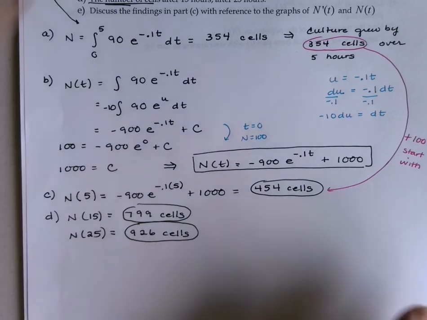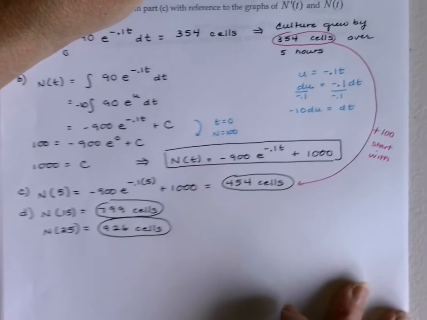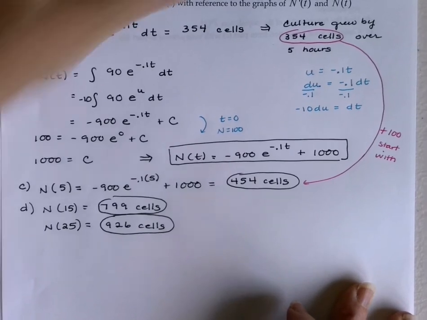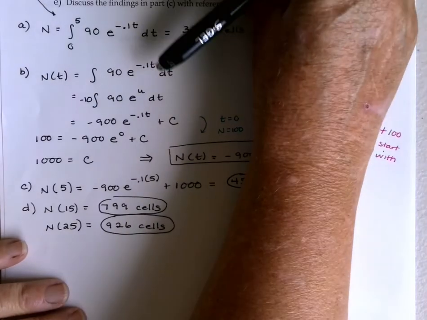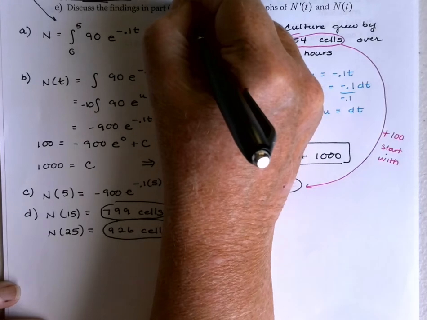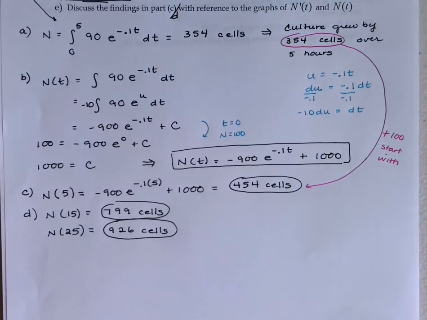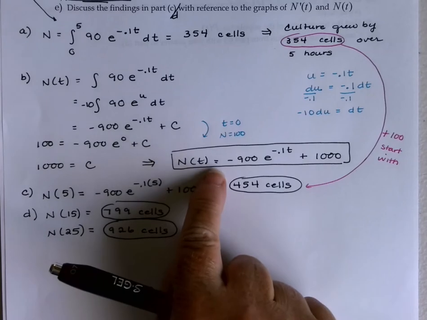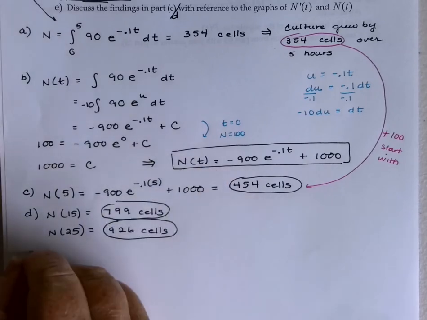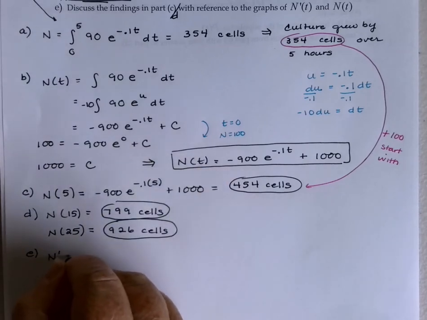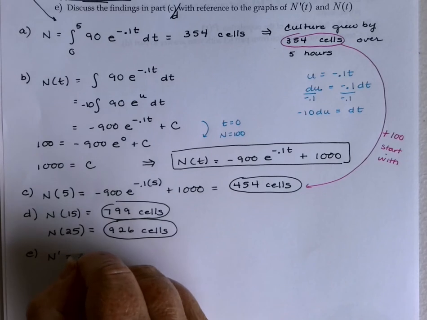All right, last part of this one, E, says to discuss the findings in part C and actually part D as well, with reference to the graphs of n prime and n. Let's talk about these just a little bit. We have our n right here, and I'll just remind us here that n prime is off the screen for you right now.